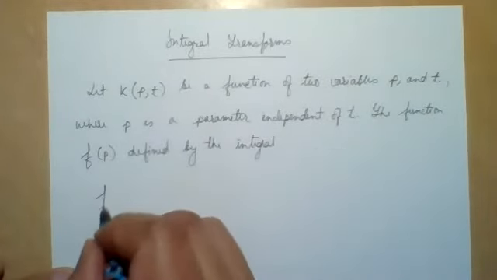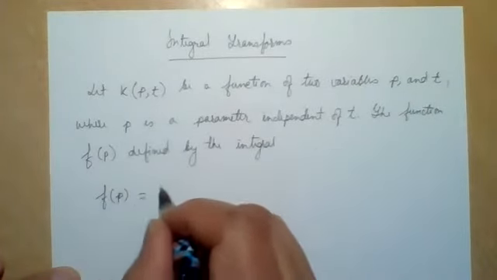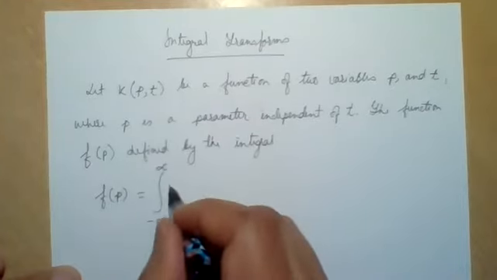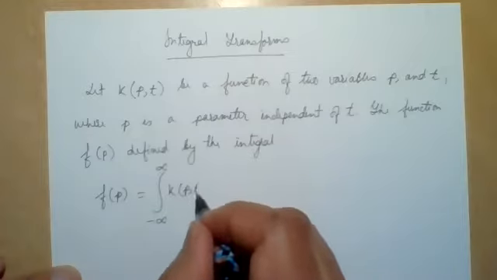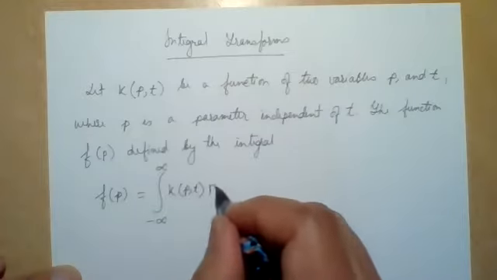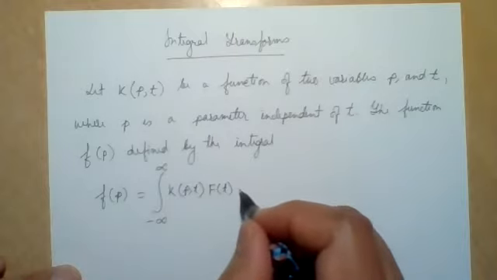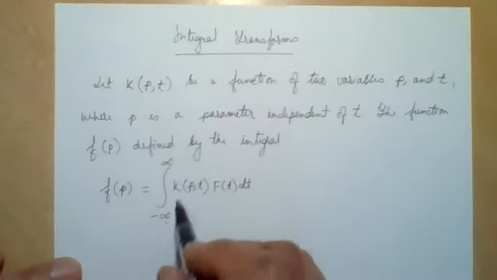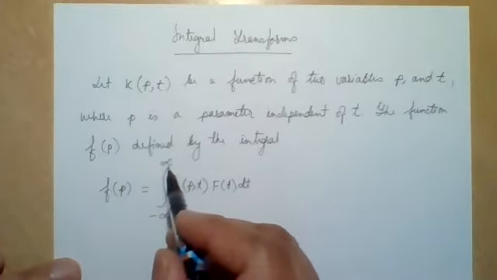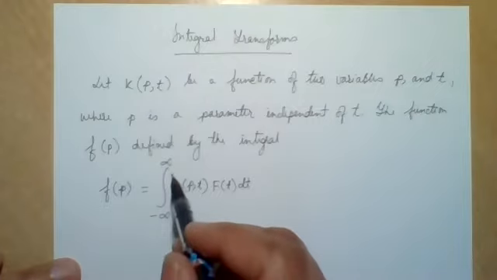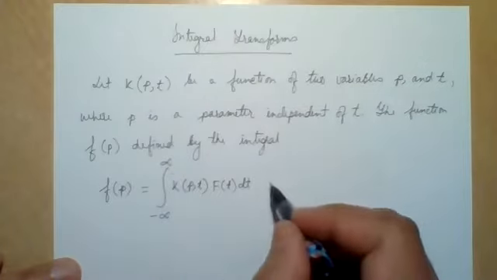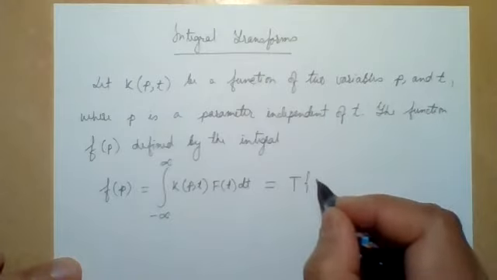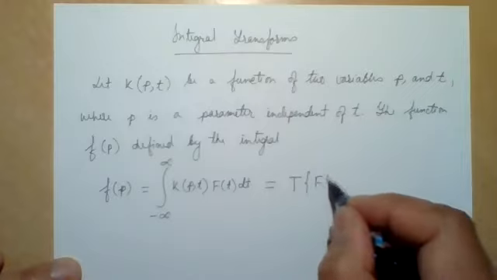The integral is this: f of p is equal to the integral from minus infinity to plus infinity of K(p, t) multiplied by f of t, integrated with respect to the variable t from minus infinity to plus infinity. This is called the integral transform, and this is denoted by T open braces f of t.